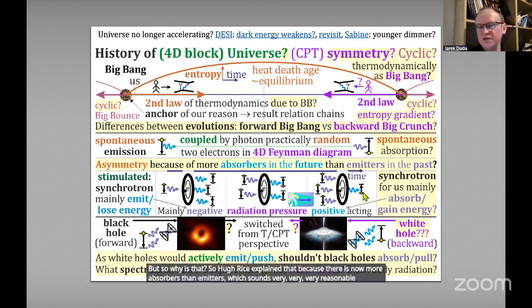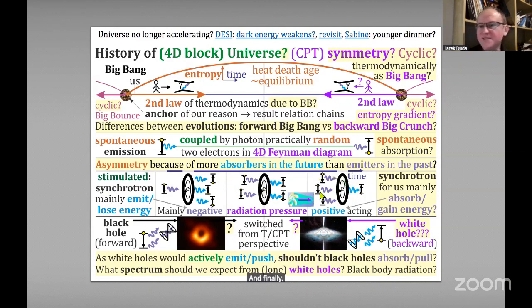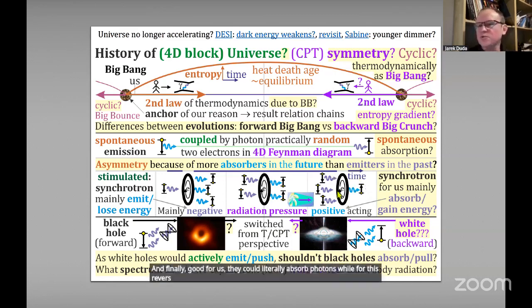In the far future it could be reversed again. Our circulating electrons could be in balance between emission and absorption, and finally could literally absorb photons, while for the reversed observer, they would emit photons.